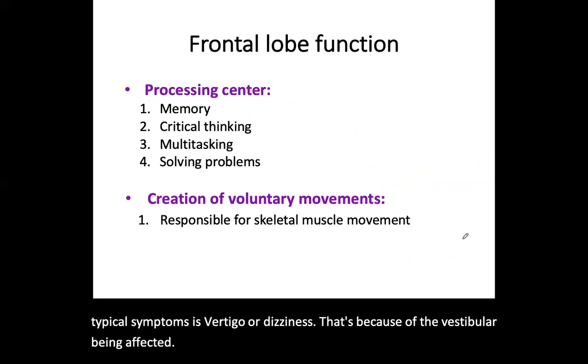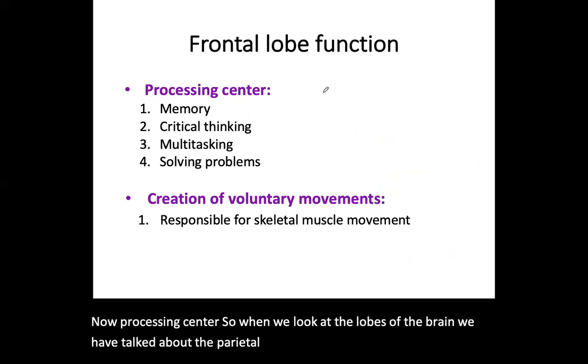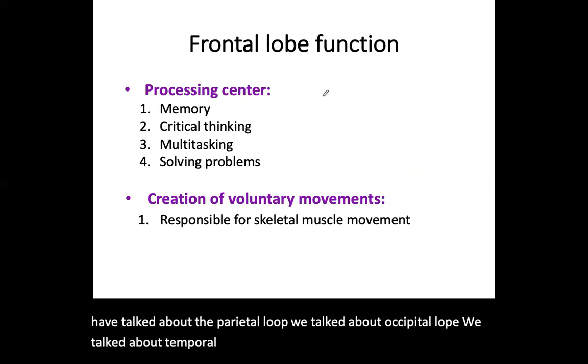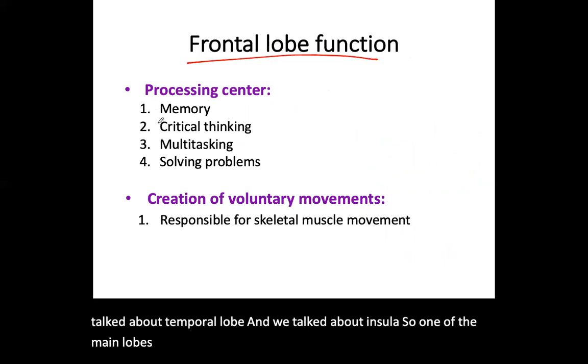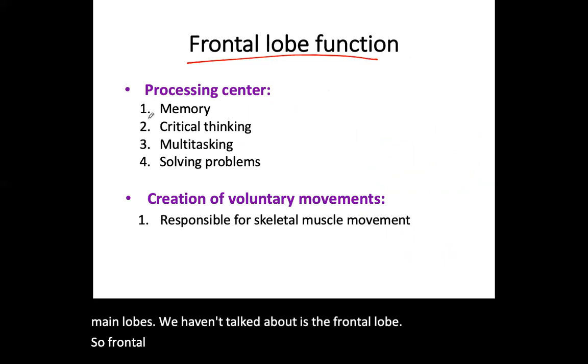Now, processing center. When we looked at the lobes of the brain, we talked about the parietal lobe, the occipital lobe, the temporal lobe, and the insula. One of the main lobes we haven't talked about is the frontal lobe. The frontal lobe is responsible for two other functions we described for the cerebrum or cerebral cortex.